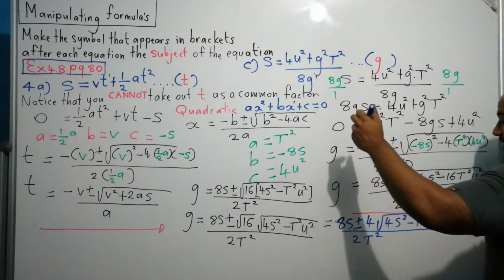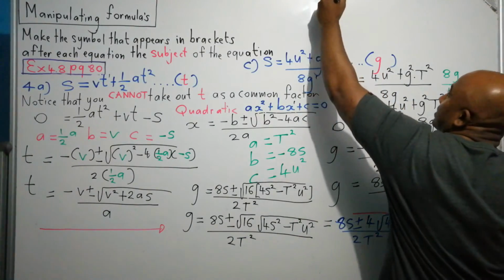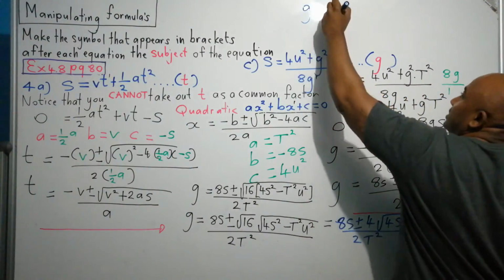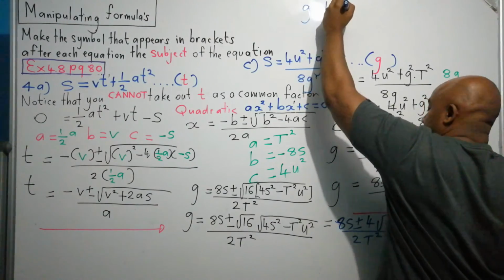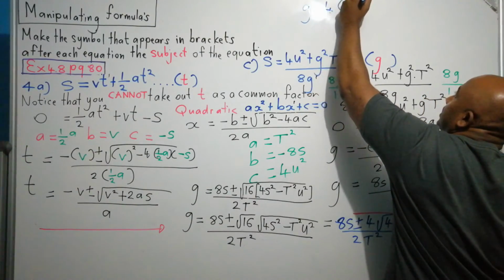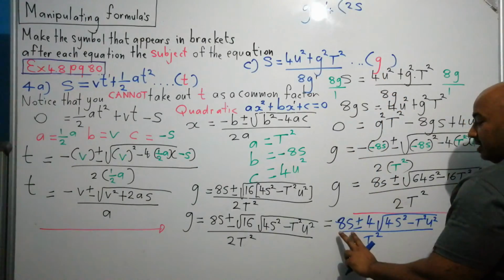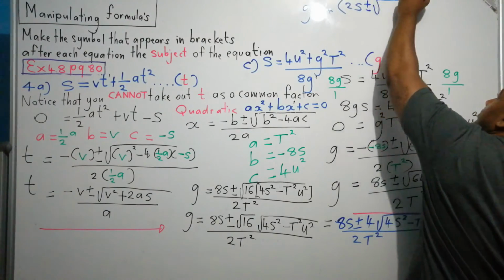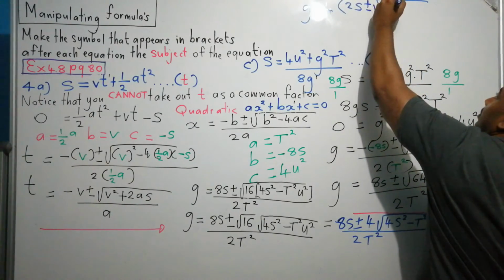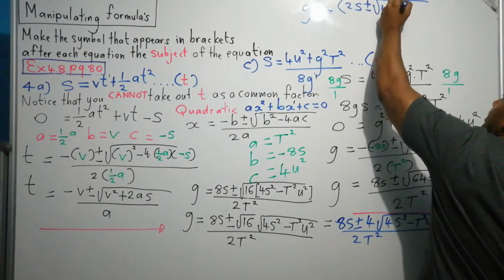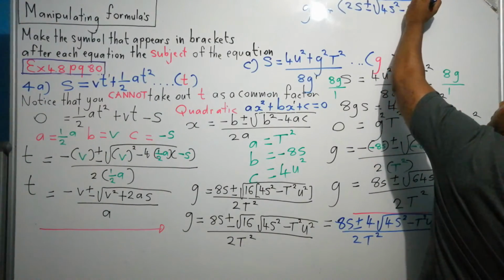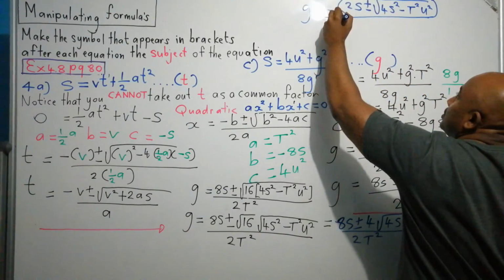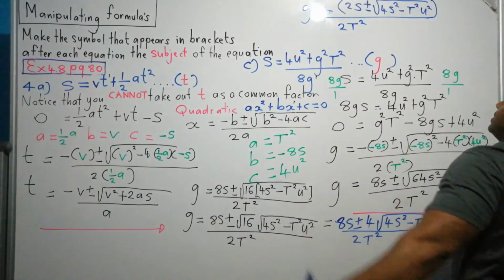So remember this is g is equal to, I can pull out a common factor of 4, so I'm left with 2s, because 4 times 2s will be 8s, plus or minus the square root of 4s squared minus t squared u squared, all divided by 2t squared.